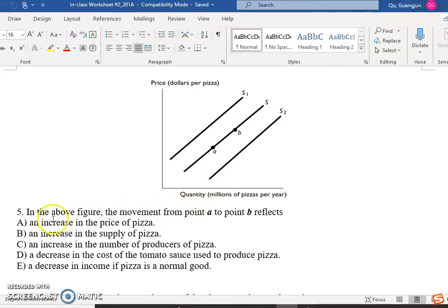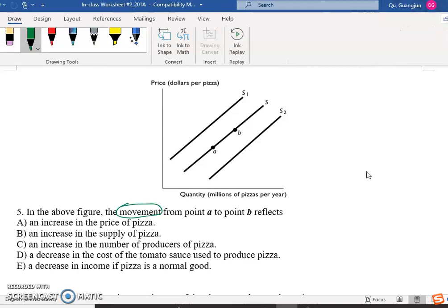Now number 5 says, in the above figure, the movement from point A to point B reflects. So here we already know that this is a movement. And in the TERNIP, we said a movement would only be caused by a change in price, right? A movement shows a change in quantity supplied, which can only be caused by a change in price.